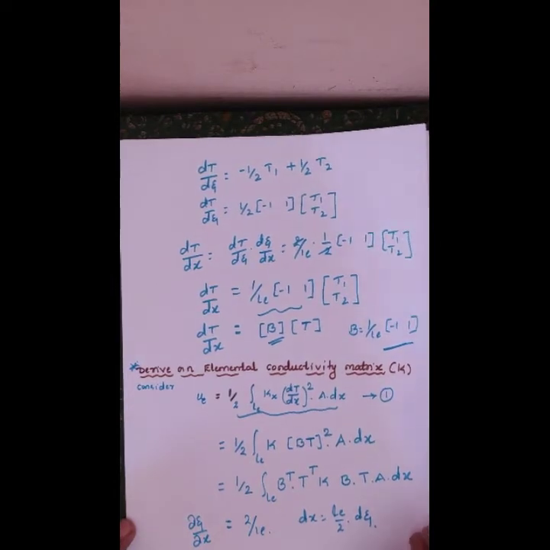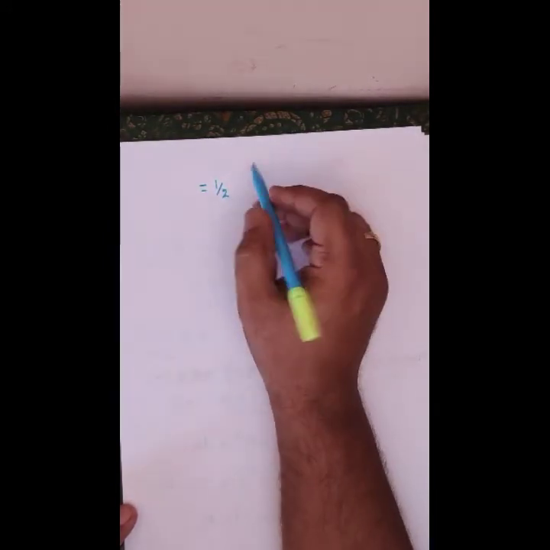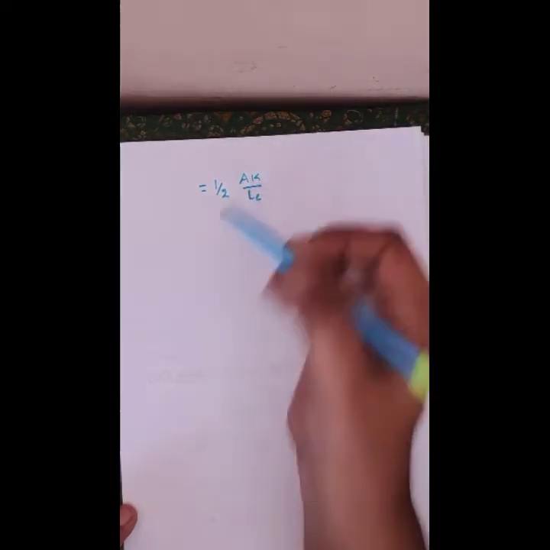Now I can replace this and simplify. Half into A K by LE, because LE by 2 is common.